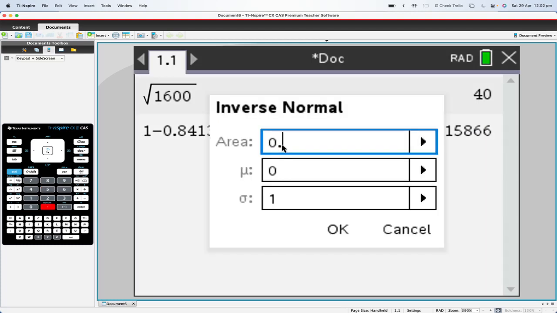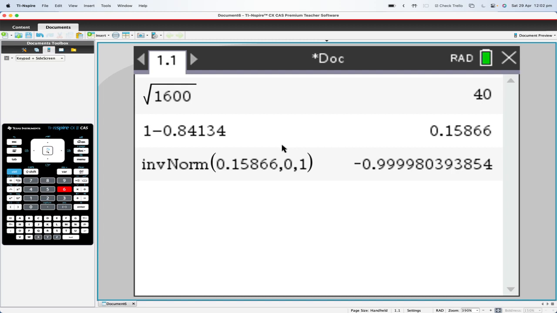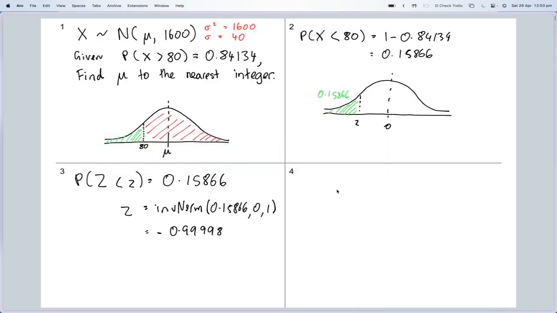The area is 0.15866, mean 0, standard deviation of 1. That gives us negative 0.9999998. I'll write that down. You can see that's pretty close to 1, right? But at this point, I'm just going to deal in decimal places for a bit and round it off at the end. So z is equal to negative 0.99998.